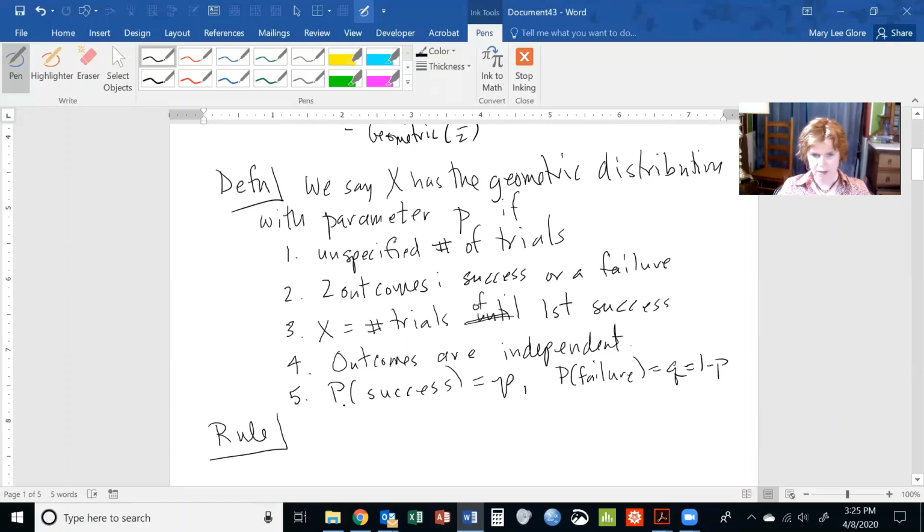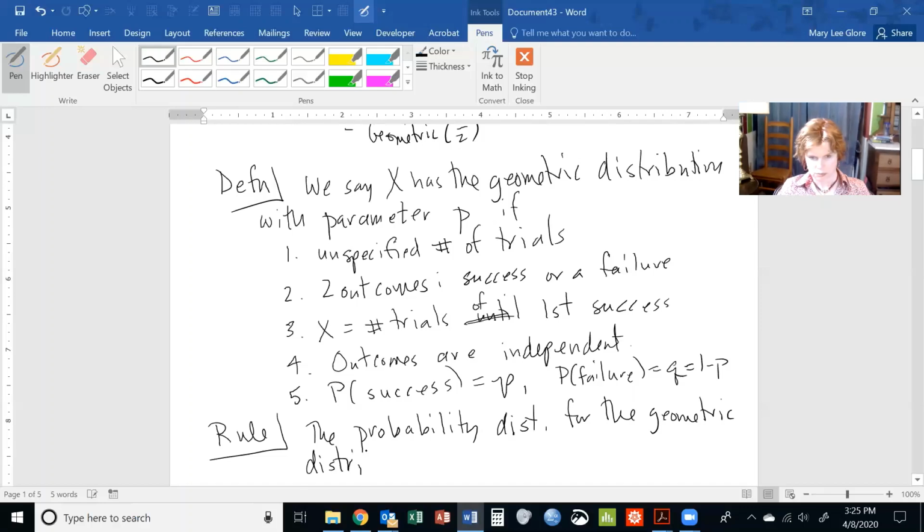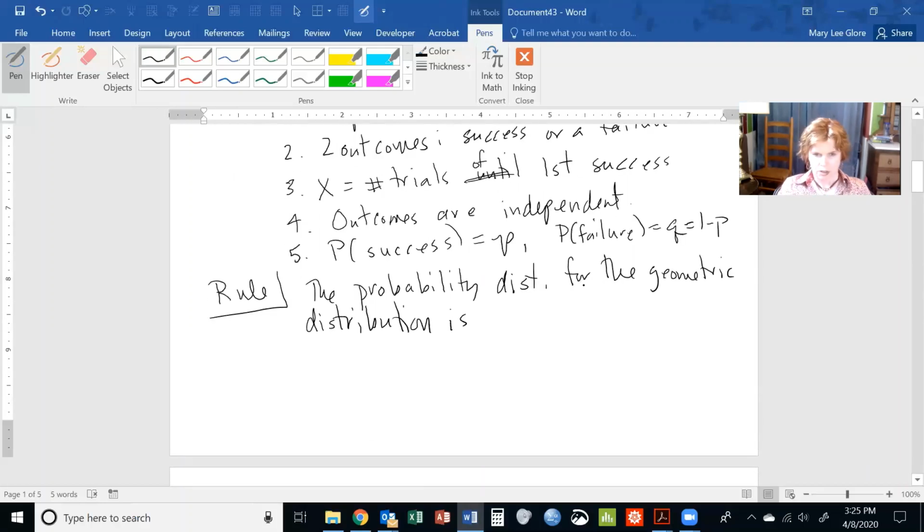The probability distribution for the geometric distribution is the following. So let's think about it.